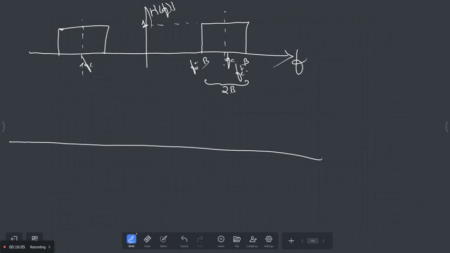Okay. Now, the spectrum which you are talking about, right? You have the signal, you have this m of t multiplied by phi of t.